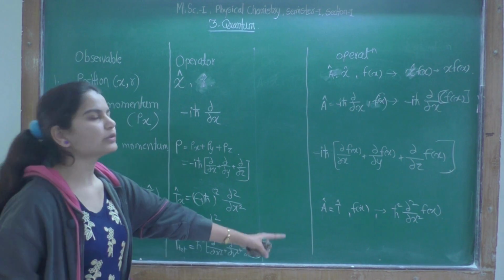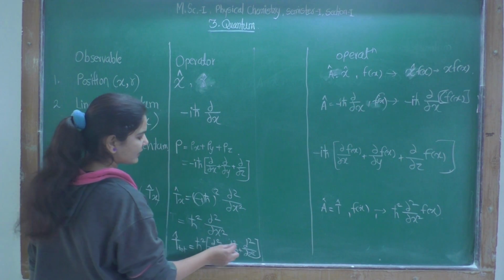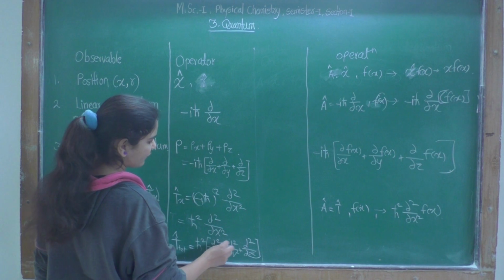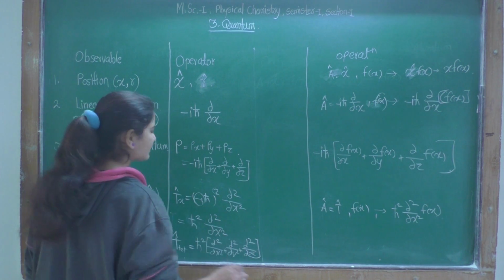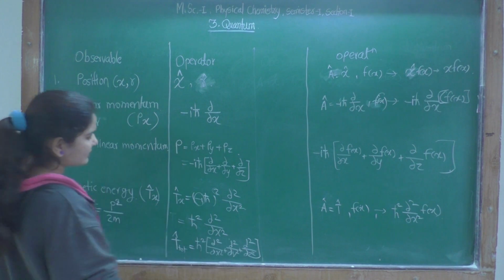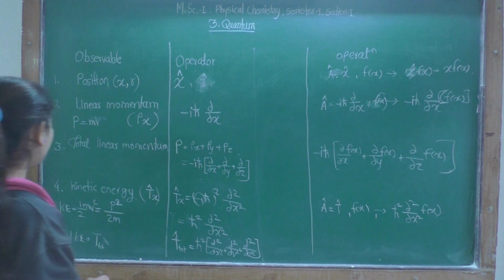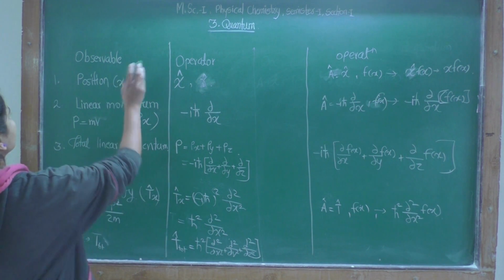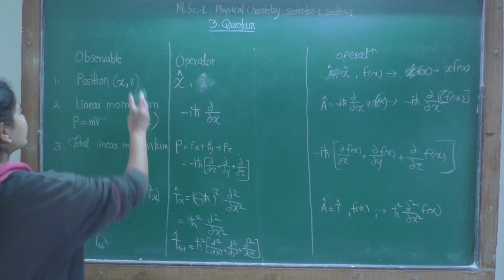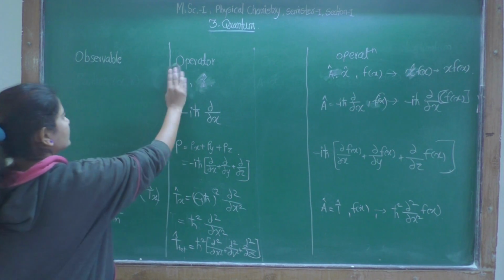The operation is just taking the derivative of the function f of x. Just write f of x here, and we get the total kinetic energy operator operated on the function. That's it. Now just write it down. We will see another.